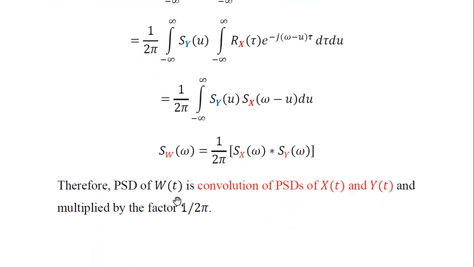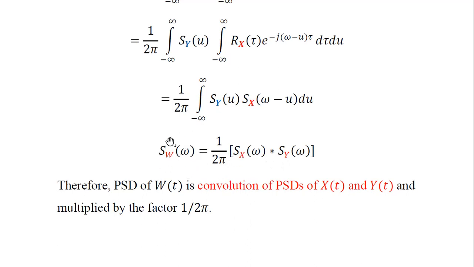Therefore the PSD of the product of two random processes represented by w of t is nothing but the convolution of the PSDs of x of t with y of t, multiplied by a factor of 1 by 2 pi.